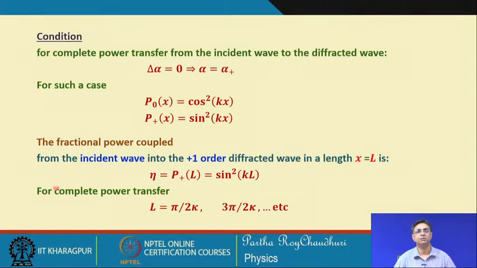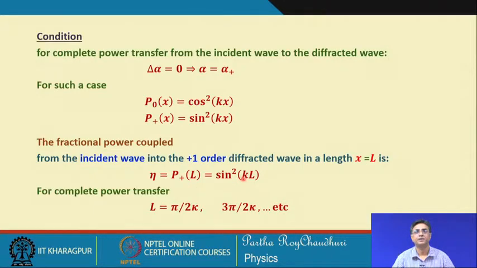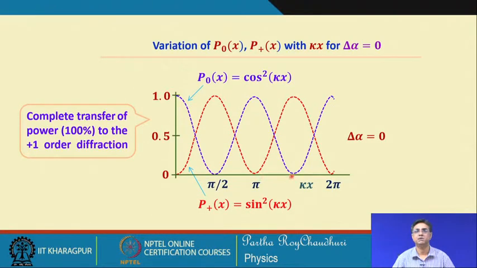For complete power transfer, these are the values of x, because x is the length across the acoustic wave, so the interaction length L comes here. So, pi by twice kappa is equal to L at this condition, and similarly at those points we will get the maximum transfer of power.